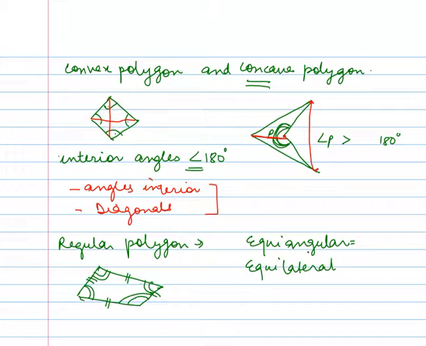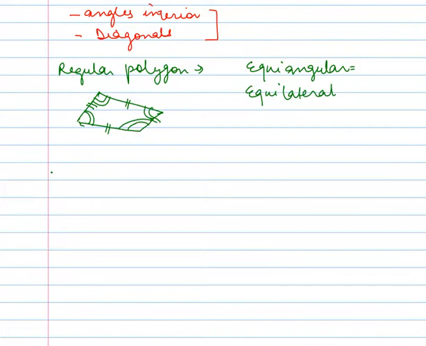Let us look at some examples of regular polygons. See, a square is a regular polygon. Why? This is a square having all sides equal, whereas all the angles are 90 degrees.